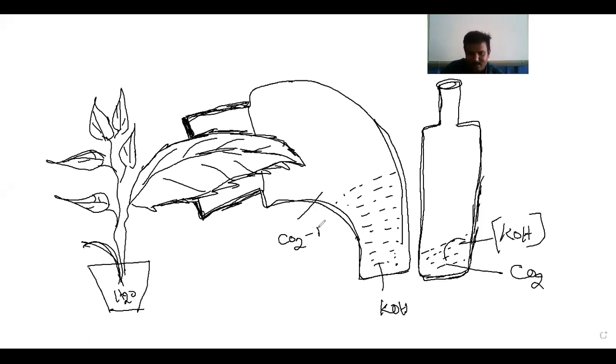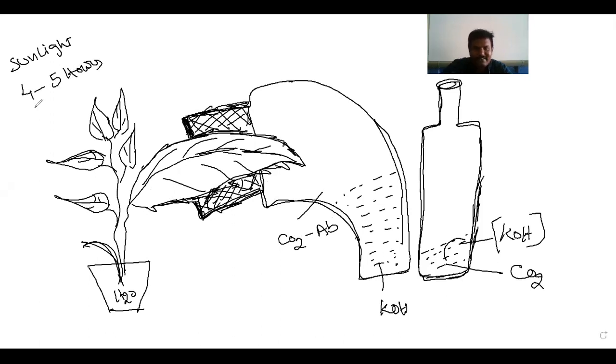When you fix cream or any paste, that will cover the minute holes. After fixing this setup, keep this entire experiment in sunlight for about 4 to 5 hours.